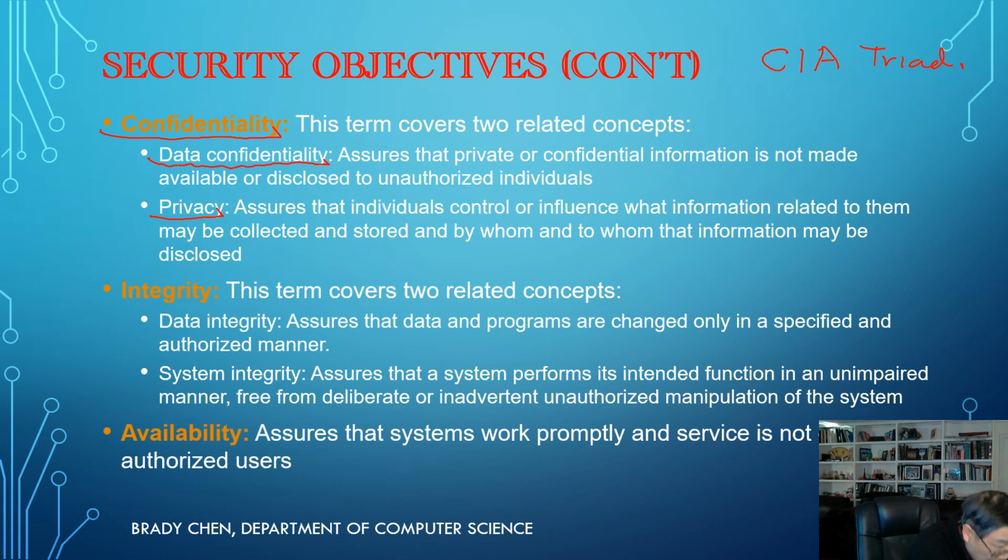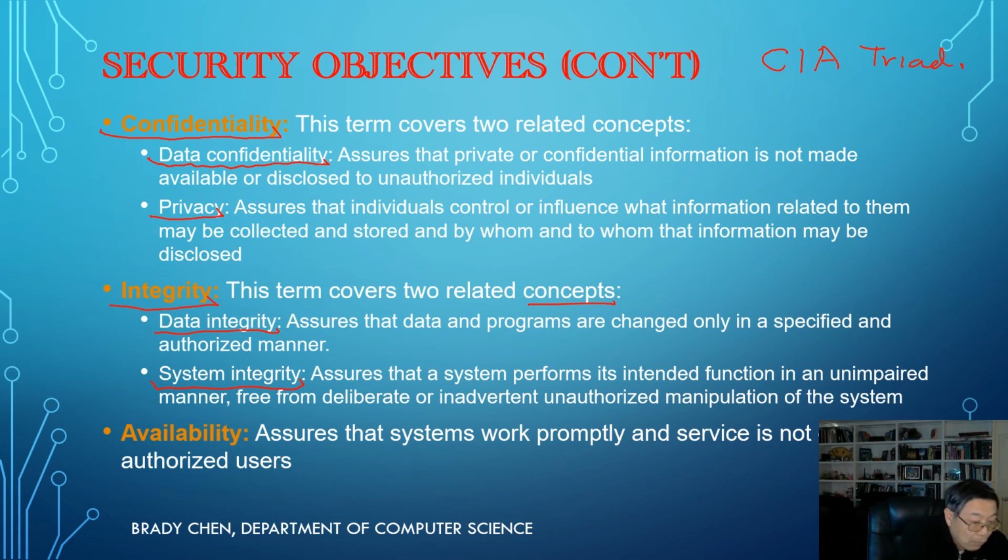The second term is integrity. This term covers two related concepts: data integrity and system integrity. Data integrity assures that data and programs are changed only in specified and authorized manners. So you cannot change the data without authorization.